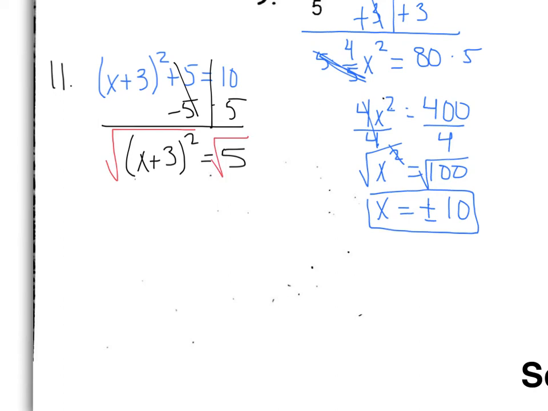Now I didn't really make this very easy on you guys. Tell you what, we're going to make a change here. Let's make this 13, so that when you subtract the 5, you get 8.